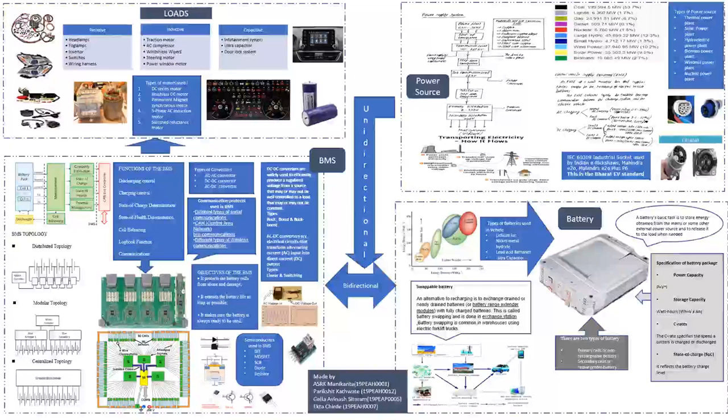Then ultra capacitor: when the vehicle requires high power, or high speed for a certain amount of time, we use an ultra capacitor. We charge the ultra capacitor for a while, and then when we require high speed or high torque, we use the ultra capacitor for the vehicle. It provides high voltage and high current to the motor.